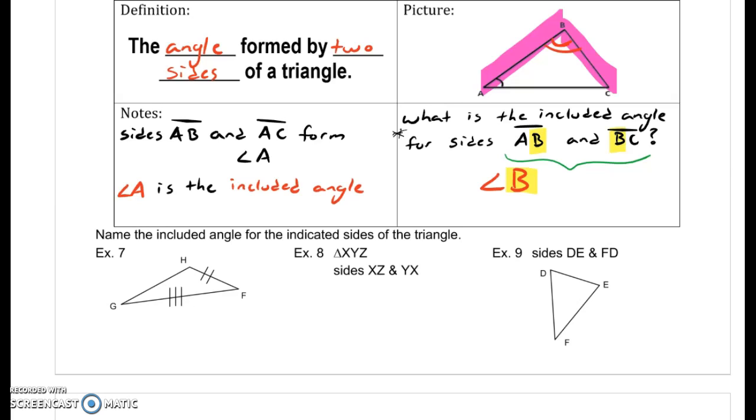Now, for examples 7, 8, and 9, you're asked to find the included angle based on the indicated sides.